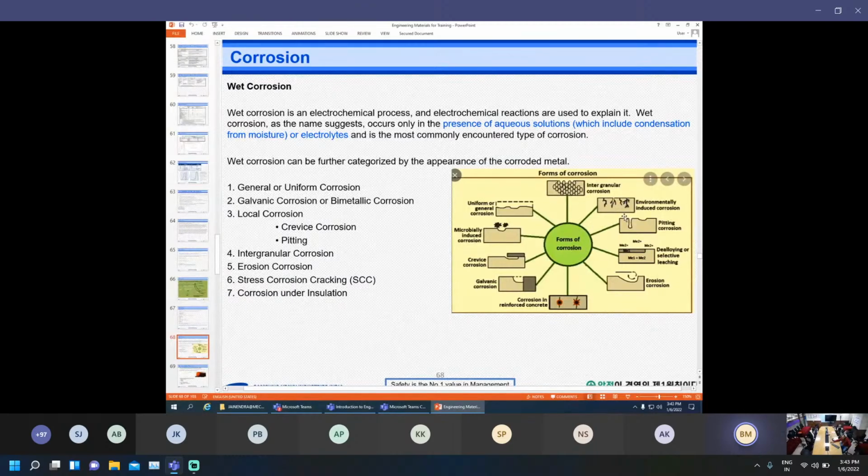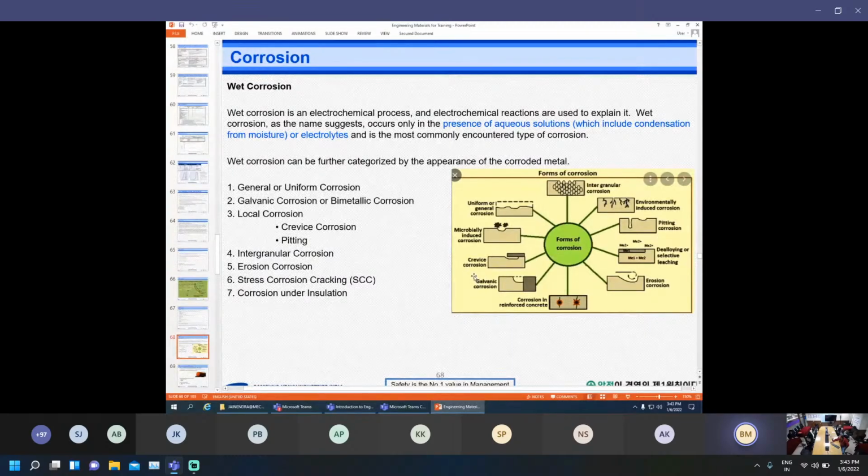If it is pitting, there are different shapes of pitting on the surface. This is called pitting corrosion. Microbiologically induced corrosion: suppose some germs, some insects, and other things are also causing corrosion in the sea. That is called microbiologically induced corrosion.